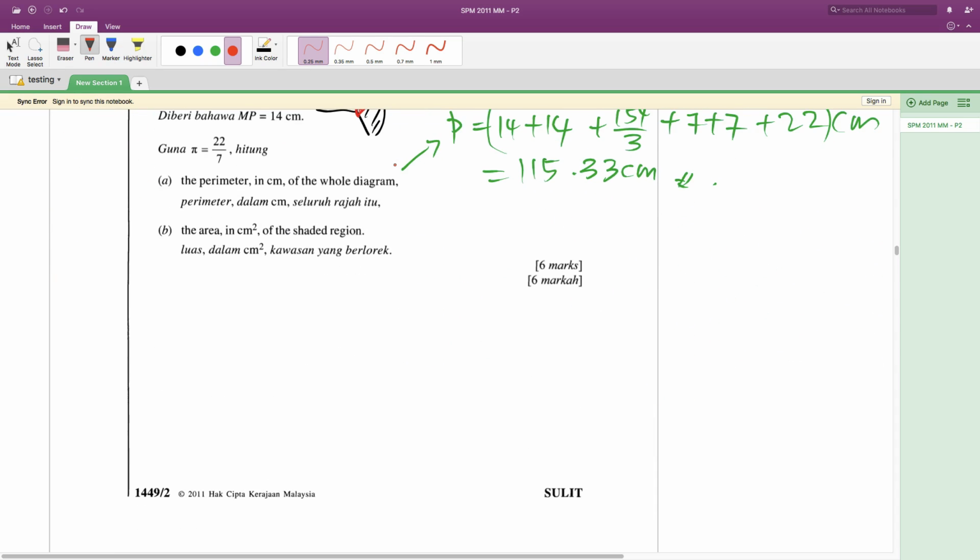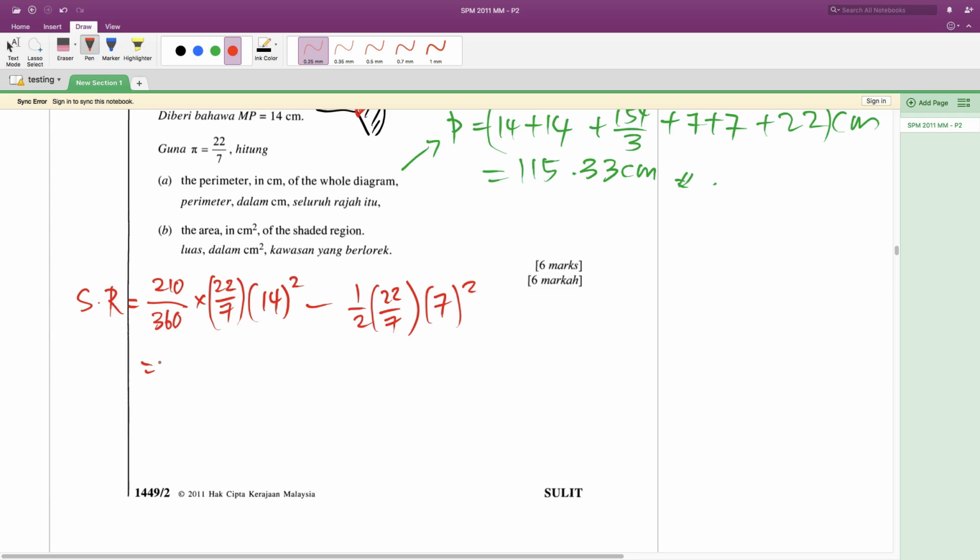The big sector is 210 over 360 multiply pi r square, pi is 22 over 7, r is 14 square, minus the semicircle, which is 1 over 2 pi, r is 7 square. This is the shaded region. You just use the calculator and you should be able to get the answer very fast.